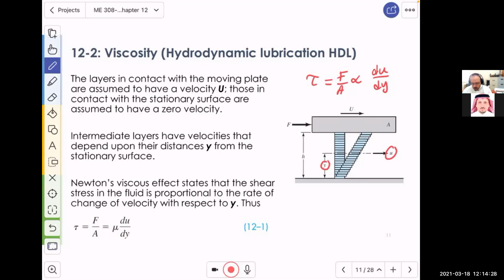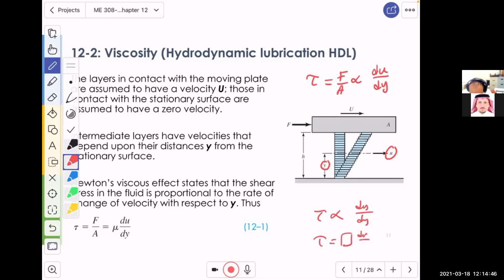And as we all know, whenever you have a proportionality between two quantities and you replace that proportionality with an equality, you should have a constant. Now, if you're lucky, that constant will be a physical quantity.